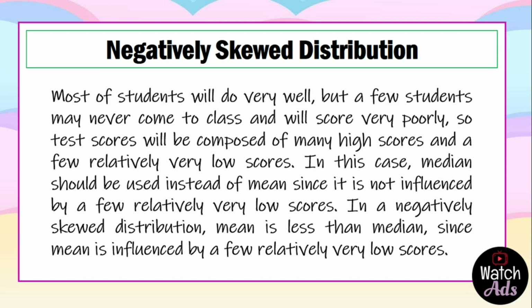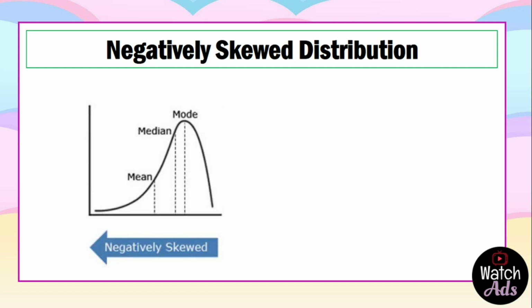In this case, the median should be used instead of the mean, since it is not influenced by a few relatively very low scores. In a negatively skewed distribution, the mean is less than the median, since the mean is influenced by a few relatively very low scores. This is an example of a negatively skewed distribution. If you will notice, most of the scores are clumped up on the right side because most of the students will score high.